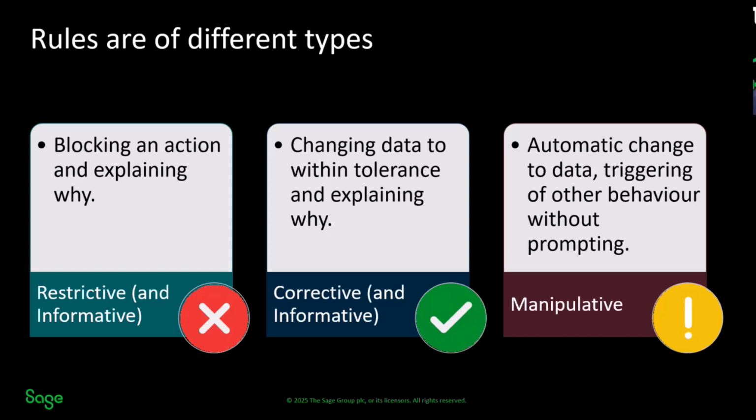So here you can see that there are different types of rules, and we need to make sure that those rules are properly reflected within what we're doing inside the mobile interface as well, because we want to make sure that as work is carried out within the mobile interface, it's not putting in a different quality or standard of data to the main user interface.